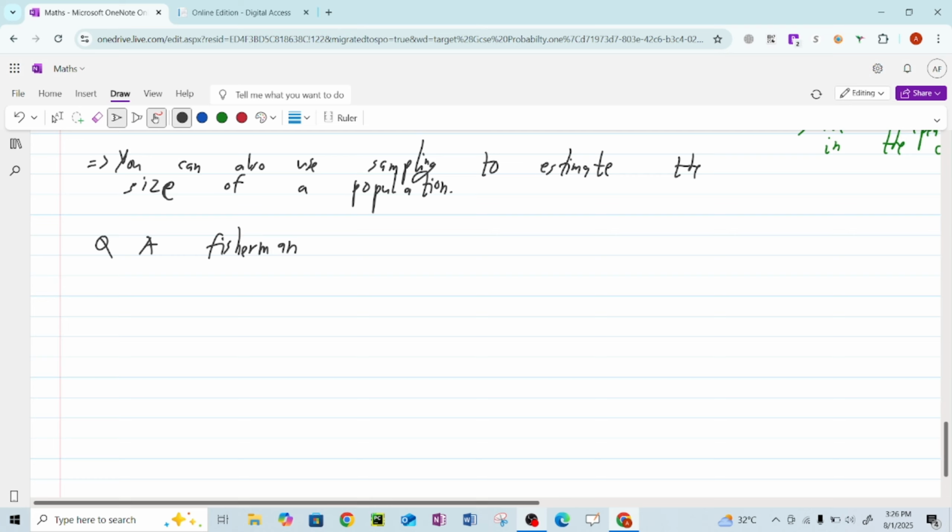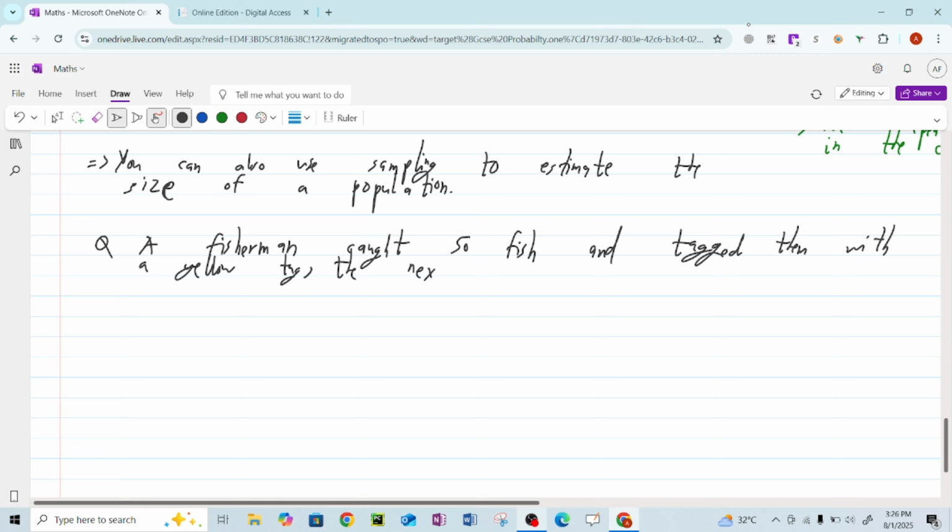a fisherman caught 50 fish and tagged them all with a, let's say, yellow tag. The next day he caught 40 and 10 of them were tagged.